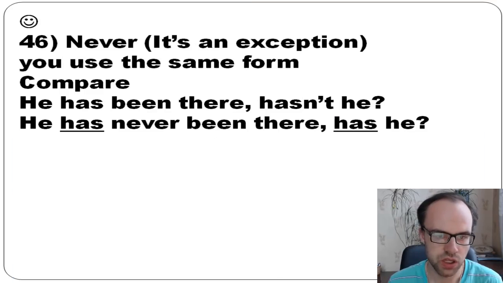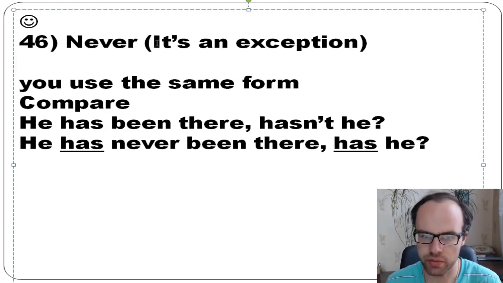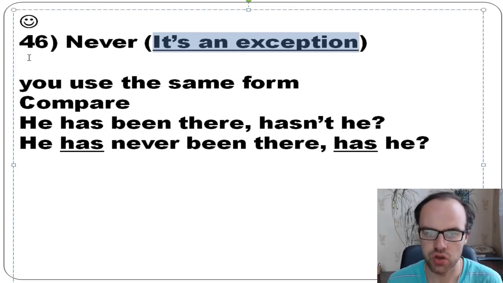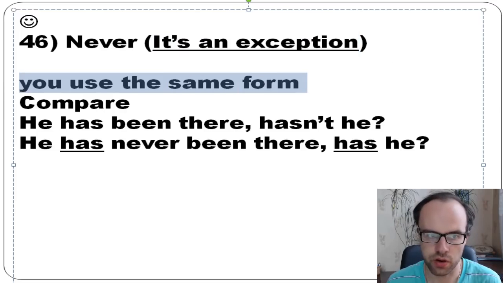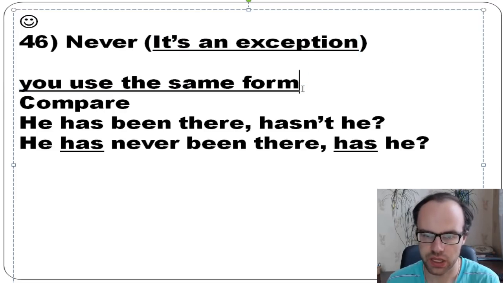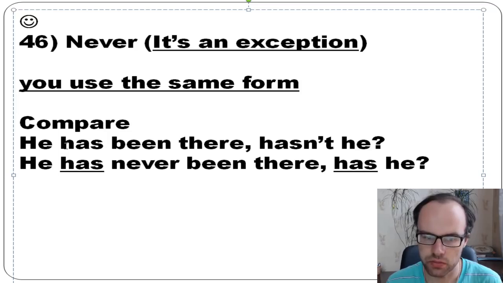Good. What about never? It's an exception. Please remember it. It's an exception. You use the same form. Compare. He has been there, so you have has, and you need to use the opposite form. Hasn't he? But if it's never, he has never been there.